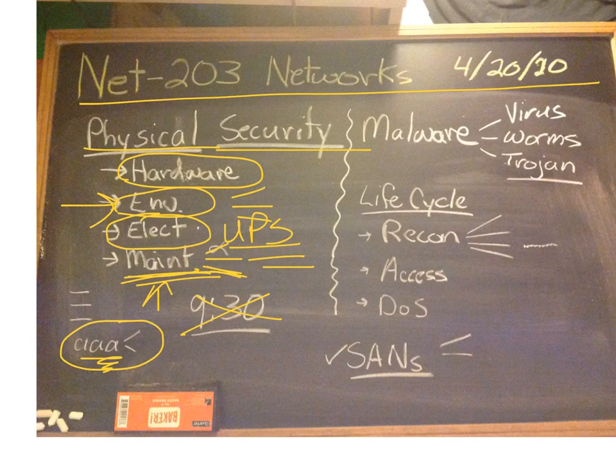Now, we talked a little bit about malware, and we mentioned viruses, worms, Trojan horse, different types of malware that can fall in these categories. And it goes over it in the curriculum.